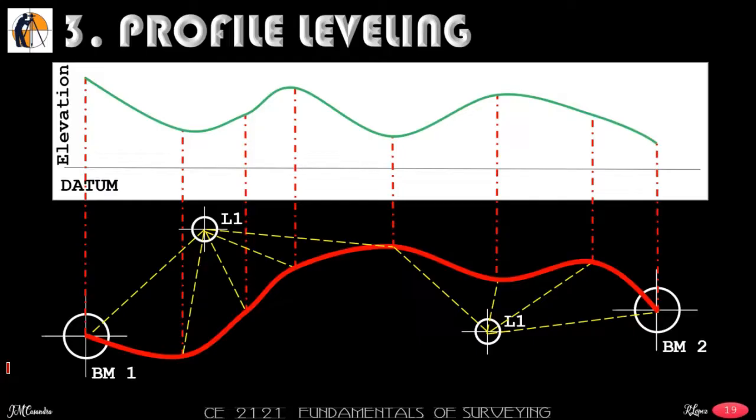So this is the profile of the road. This is your top view, and this one will be your side view of the route or your road or any horizontal works.